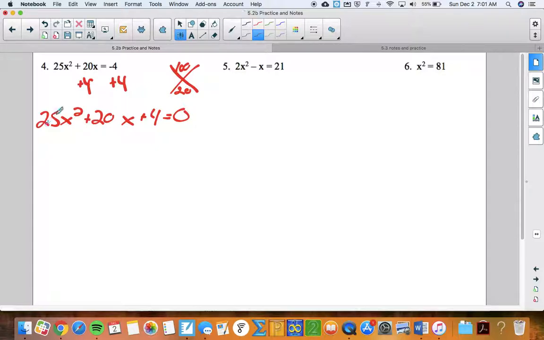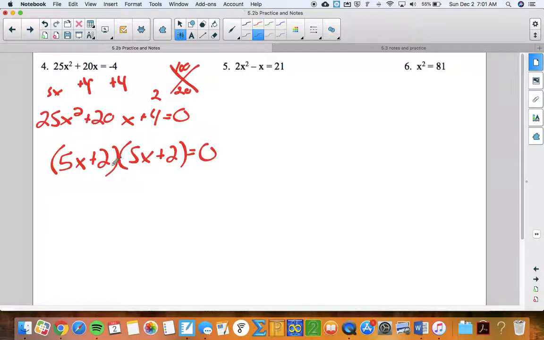But I'm also realizing that the square root of 25x squared is 5x, and here the square root of 4 is 2. So I believe this can be written as 5x plus 2 times 5x plus 2, and then FOIL that together, make sure that works.